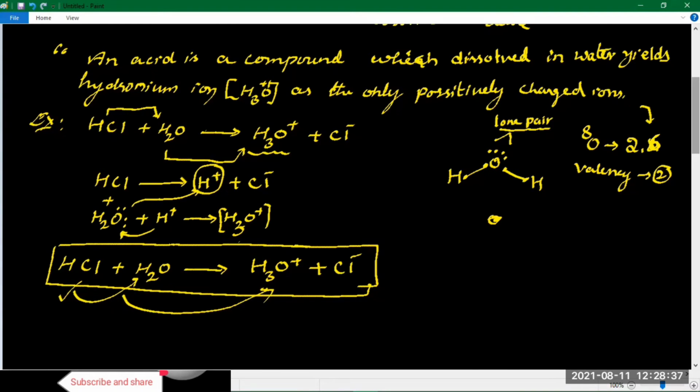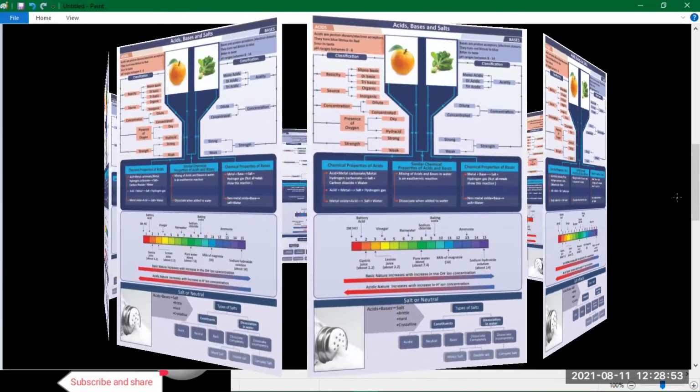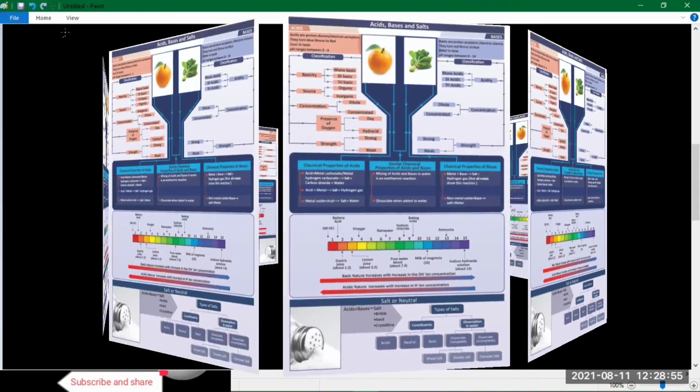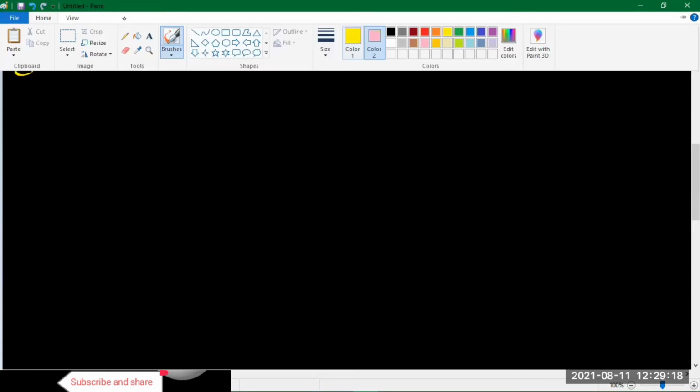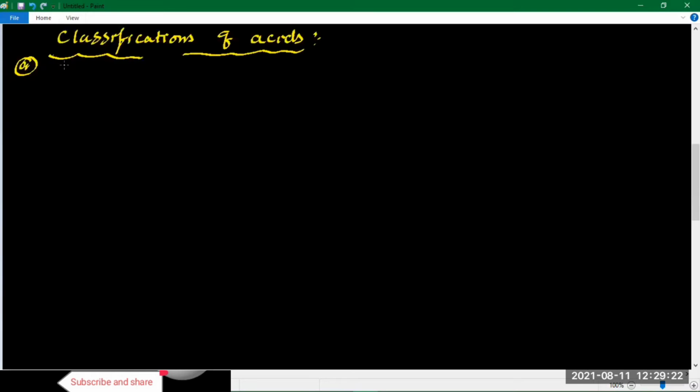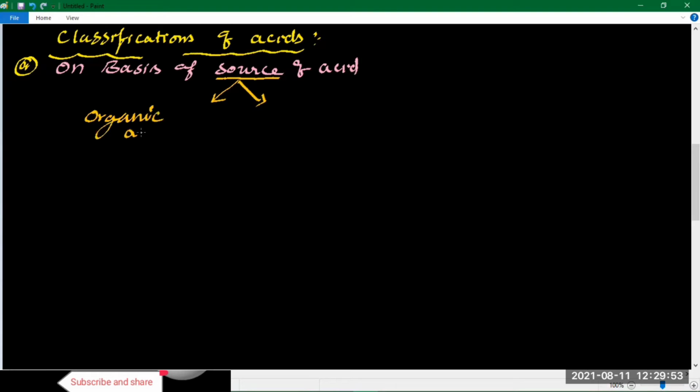Now, let us move to how acids are classified. First, classification of an acid on the basis of the source from where we get the acid. Acids are classified into two categories: one is organic acids, and the next one is inorganic acids.